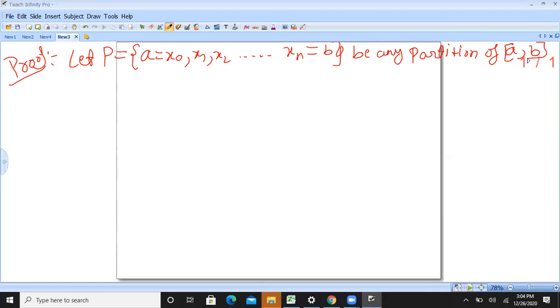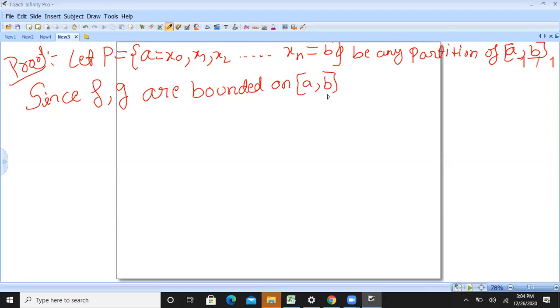Since f and g are bounded already in the closed interval [a, b].